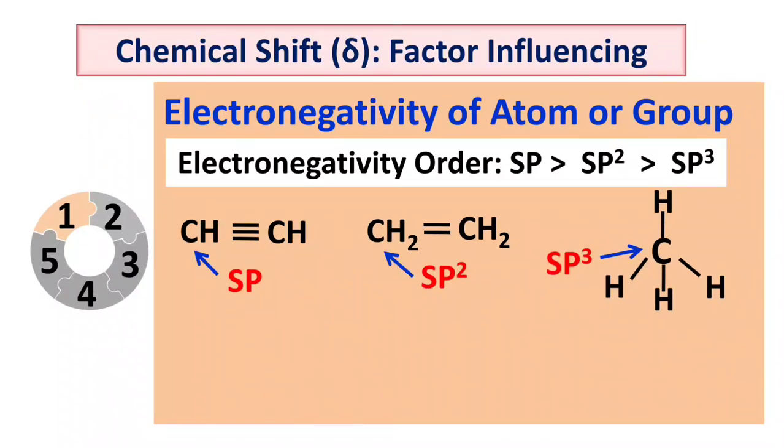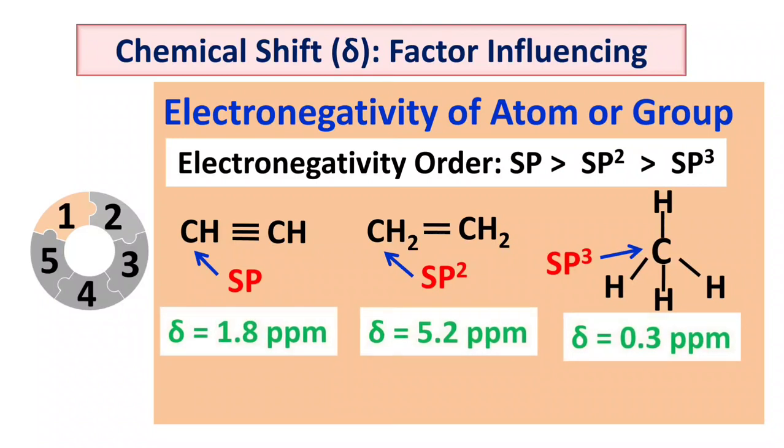The electronegativity order is: sp carbon has the highest, second is sp2 carbon, and third is sp3 carbon. On the basis of this discussion, we can say that the acetylene hydrogen may have the highest chemical shift, but in reality the position is different.